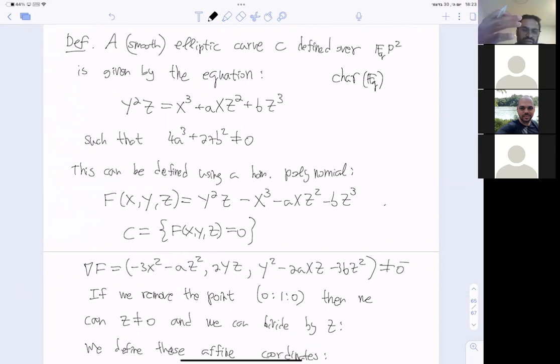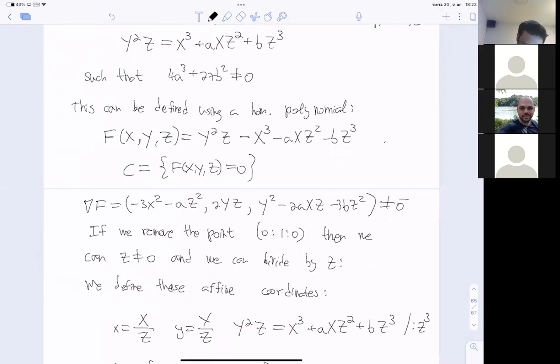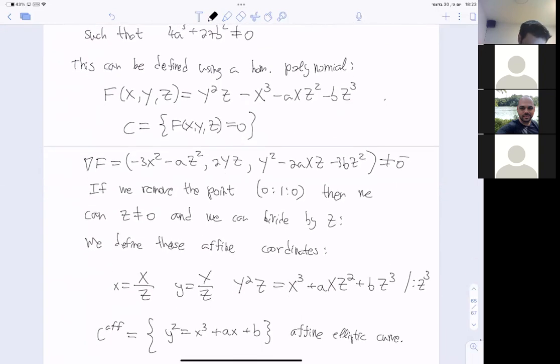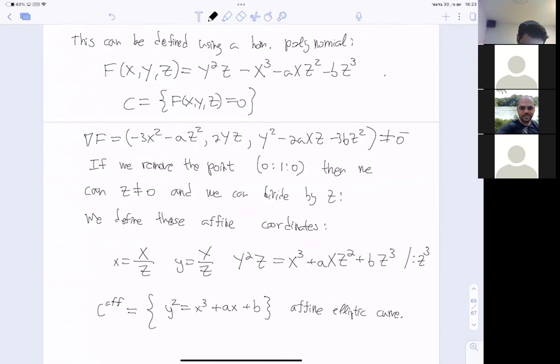I have a question. Yes. Shouldn't the affine coordinate of y be y times z instead of dividing y by z? You said that little y equals capital Y divided by z, but it doesn't add up with what you wrote.